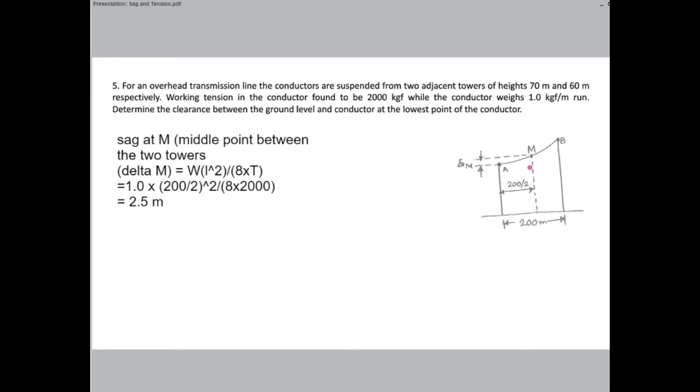Now our question is to determine the clearance between the ground level and the conductor at the lowest point of the conductor. Conductor here is in between, this is the lowest point and the ground level. So what's the distance now? The clearance is, as you can see, the height of this tower plus this sag.